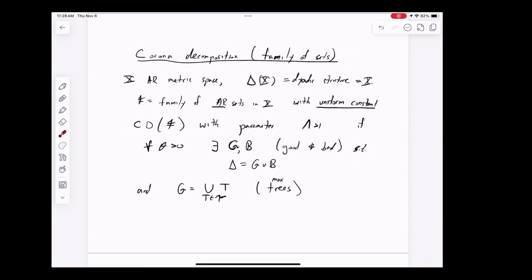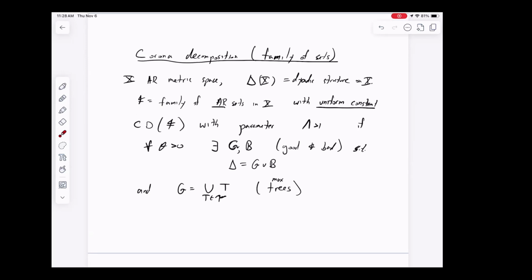I need to talk about metric spaces though. So if you fix a metric space and you look at the dyadic structure on it, given by Christ cubes, we're going to have a family F of good sets. These are all going to be Ahlfors regular with some fixed constant.